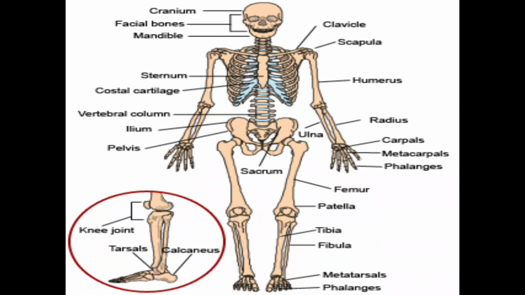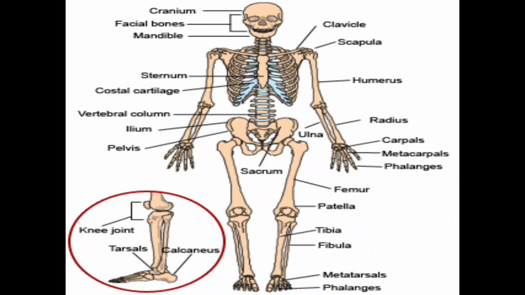Mandible is the lower part of the mouth. We can see the sternum, right? You can see the costal cartilage. We can see the vertebral column. You can see the ilium. You can see the pelvis generally.